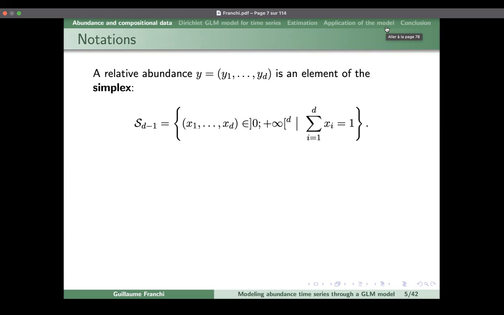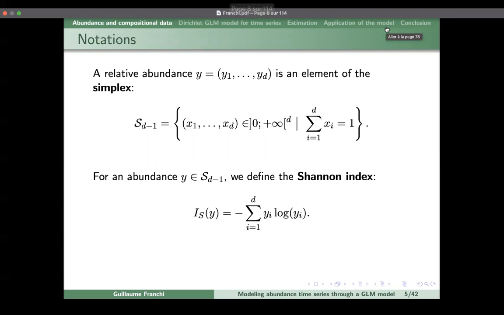There are two notations that will be useful in the talk later. First of all, I will denote the Shannon entropy of a vector of abundance y, H of y. So it is a positive quantity. And in ecology, it is a measure of biodiversity in your ecosystem. The higher this index is, the more biodiversity you have in your ecosystem.